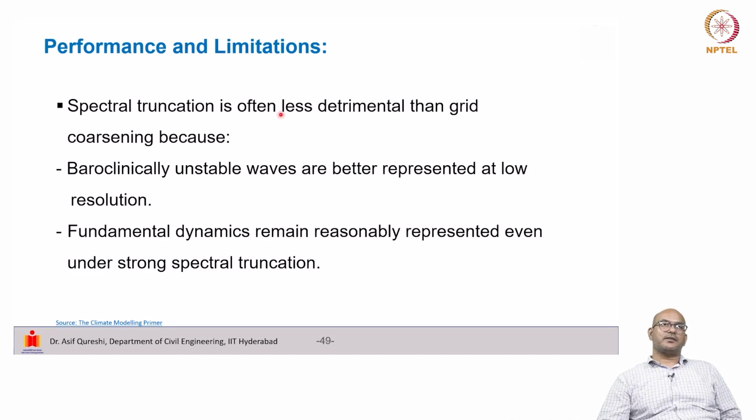Truncation is often less detrimental than the increase in grid scale, because the baroclinically unstable waves are better represented at low resolution, and the fundamental dynamics remain reasonably represented even under strong spectral truncation.